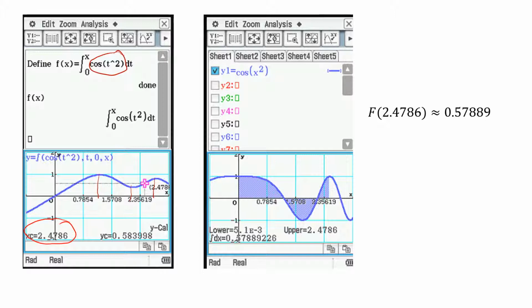See if you can find the connections between the two graphs. So this point here would equate to this point over here on our net signed area graph. So the graph is making positive gains as x is getting larger and larger from 0. We're sweeping out a larger area under the cos x squared curve. It hits that particular value of x, and then it starts to contribute negative area, hence the dip.